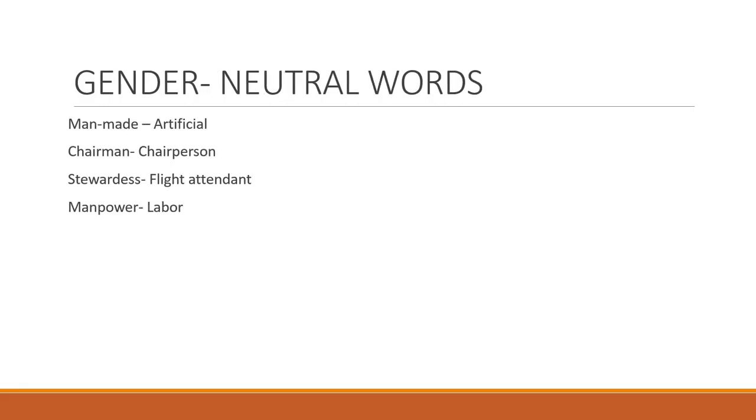So we have here a list of gender neutral words, by the way. The first ones are man-made, chairman, stewardess, manpower. If you are trying to divide the two, there are actually two types of gender, and the one mostly emphasized is man, and then the second one is girl.